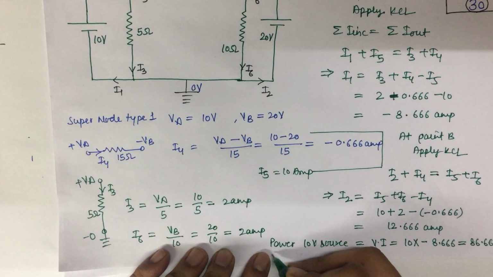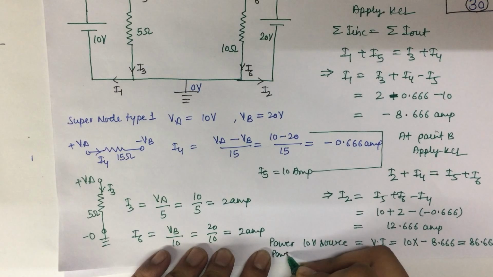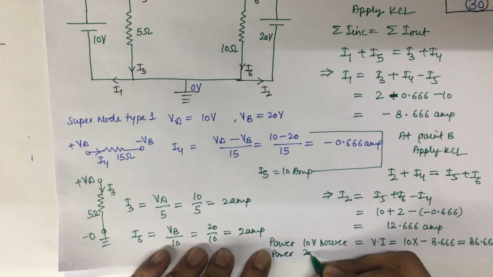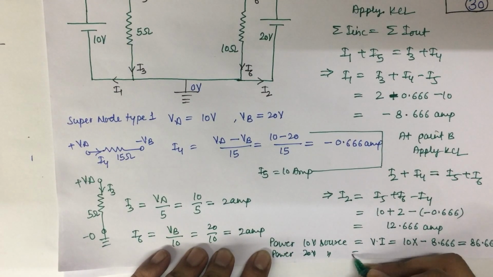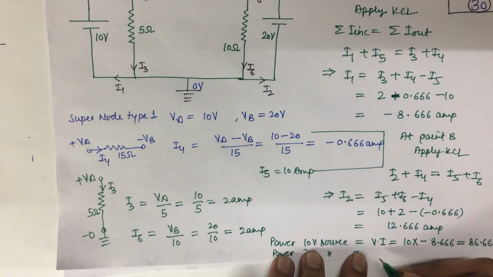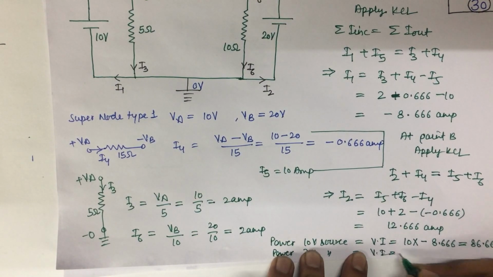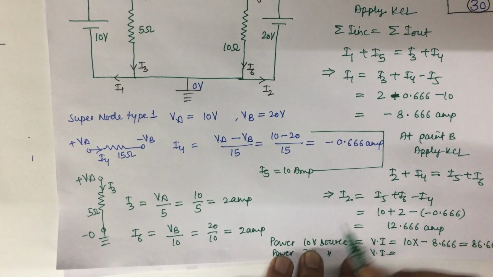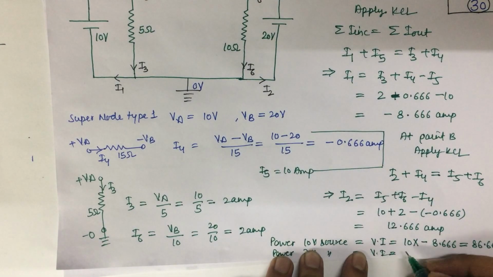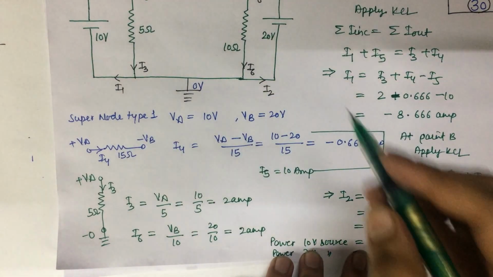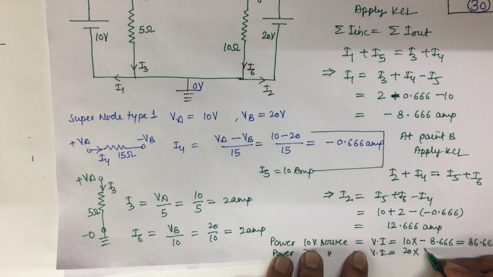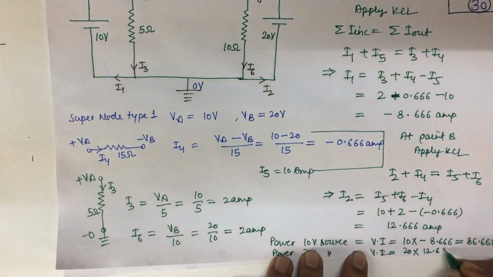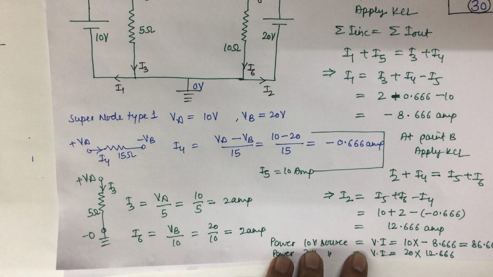Now power supplied by this 20 volt source is again V into I. So we take V as VB. VB is 20. And what is the value of I2? I2 is 12.666.